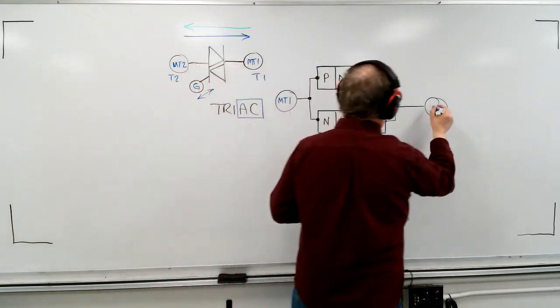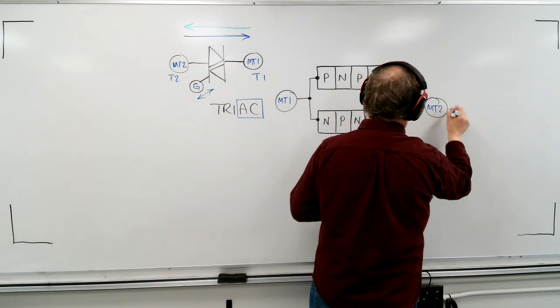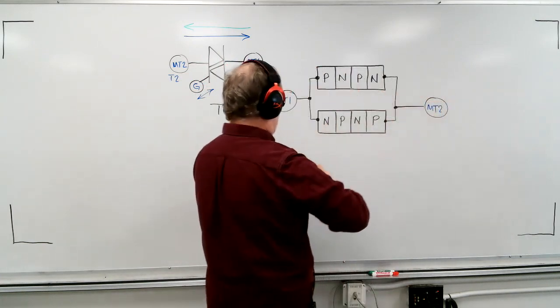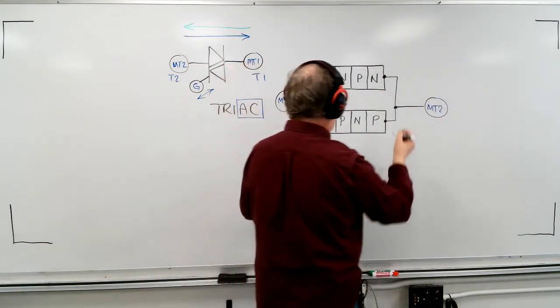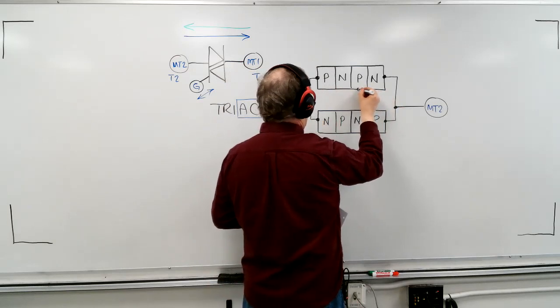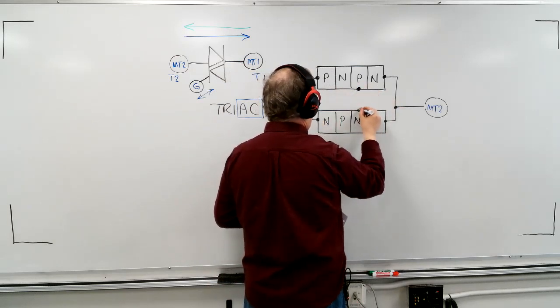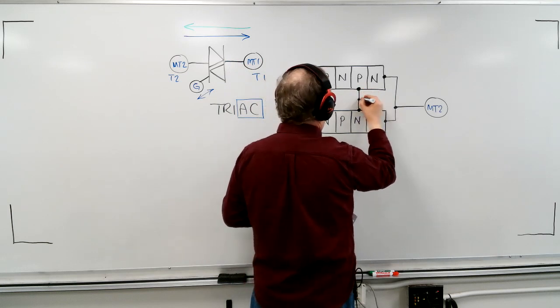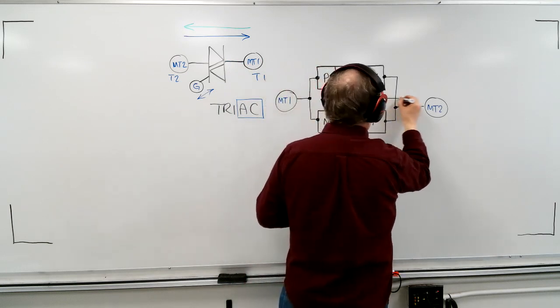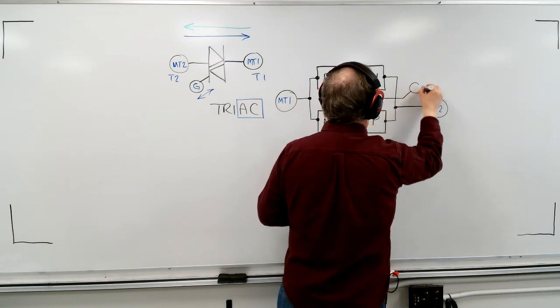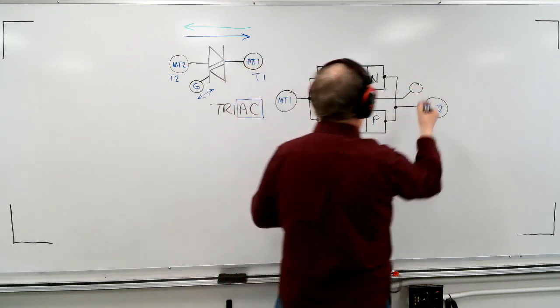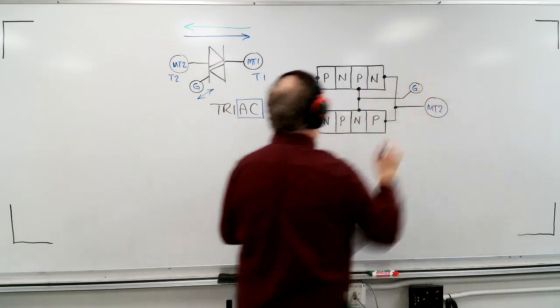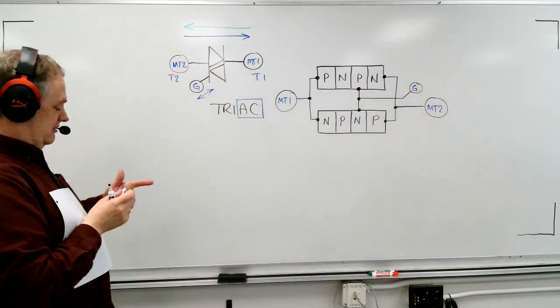And I'm going to call this MT2. And then I'm going to show you what happens inside here. There's one more connection that gets made, and it looks like this. This is tied across here, and this comes out like this. And that's the gate. Okay, and so this is how the semiconductor layers are put together.